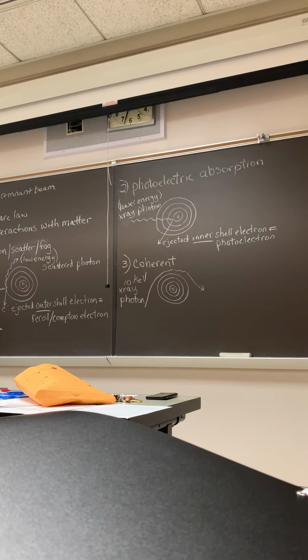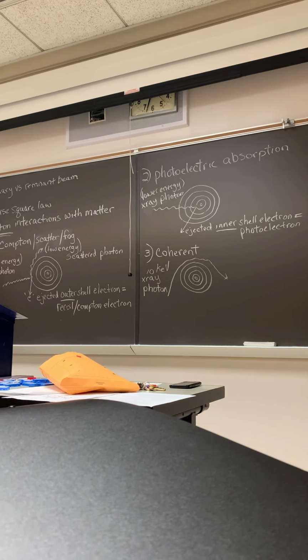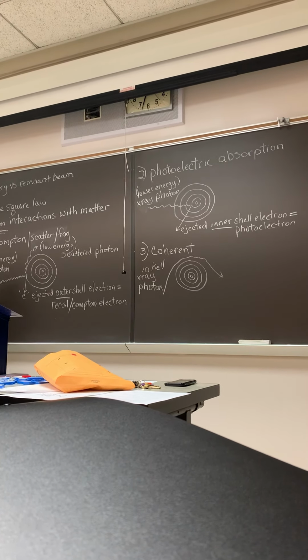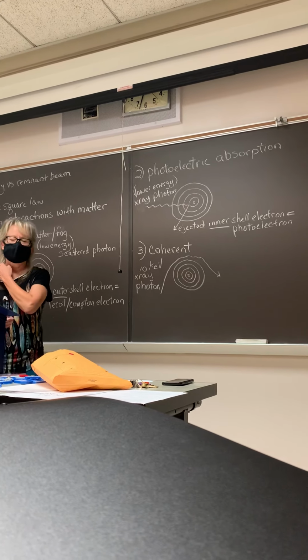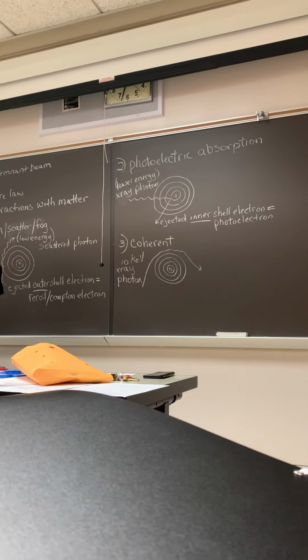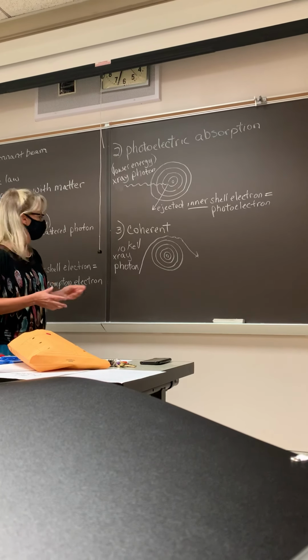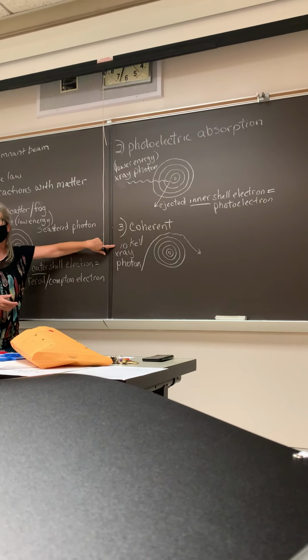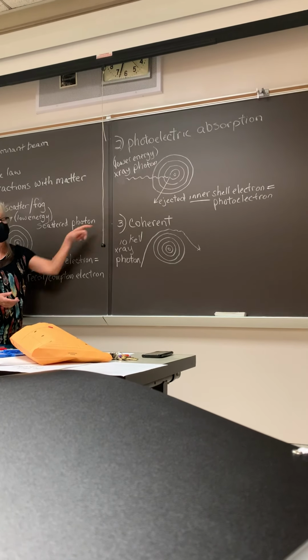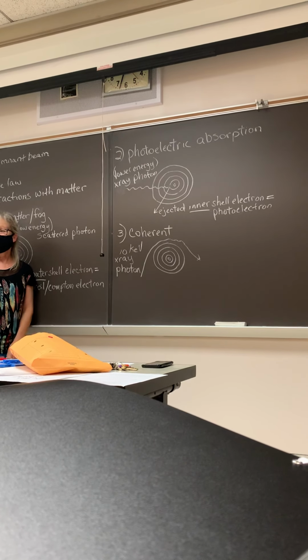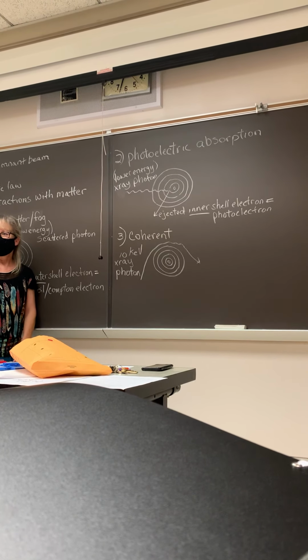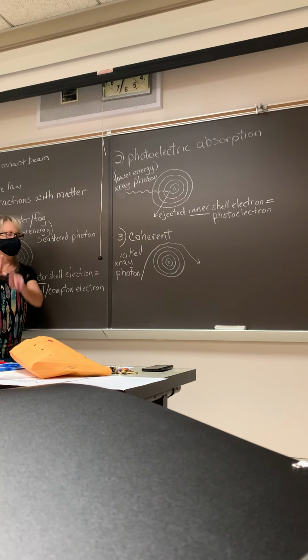Here you see three things that happen. Okay, coherent. This is the one that doesn't really do anything. This is the one usually they say like a 10 keV X-ray photon. It doesn't do anything, it just kind of goes by that atom and excites it a little bit and just goes off.